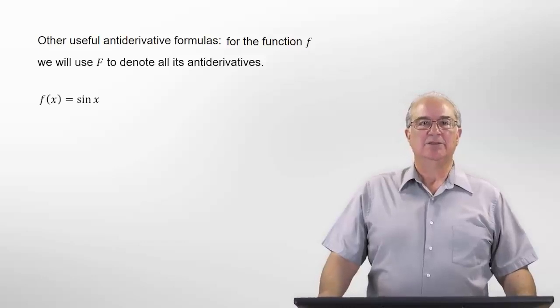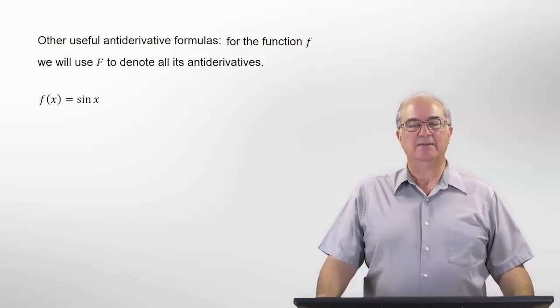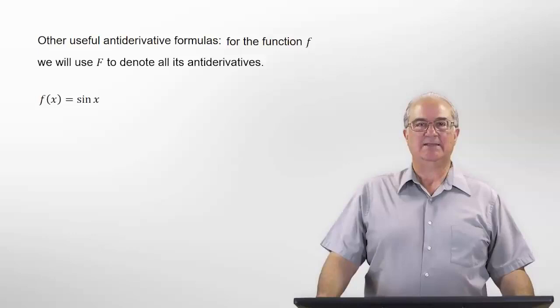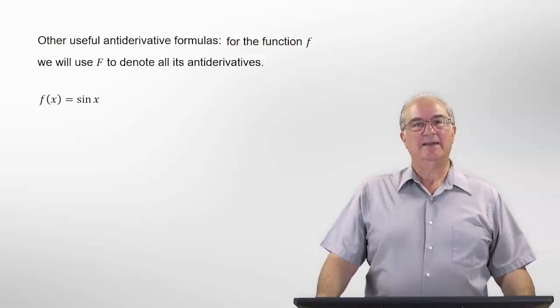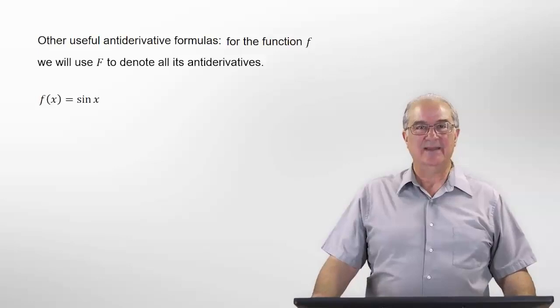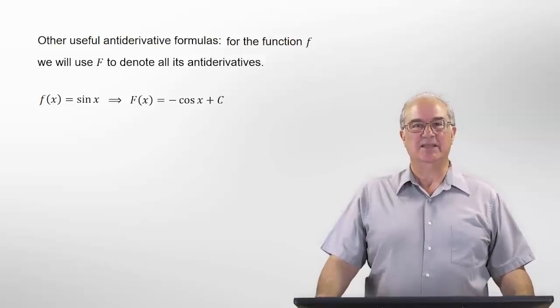constant. So, for example, if little f of x is the sine of x, well, we know that the cosine of x has for a derivative the opposite of the sine, which means that if we want a function with the sine as its derivative, we shouldn't take the cosine of x, but rather its opposite, minus cosine of x, and then we add a generic constant c.